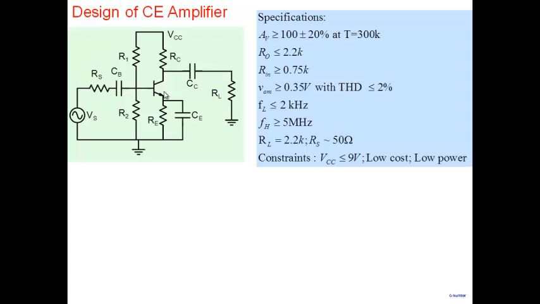Now, where are the specs for the A to D converter coming from? Well, maybe the A to D converter is part of a blood pressure meter. So you look at the whole system level design of a blood pressure meter.